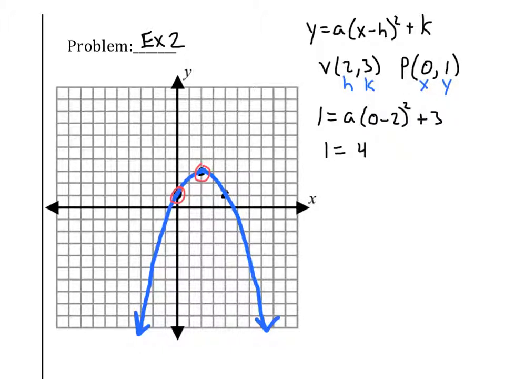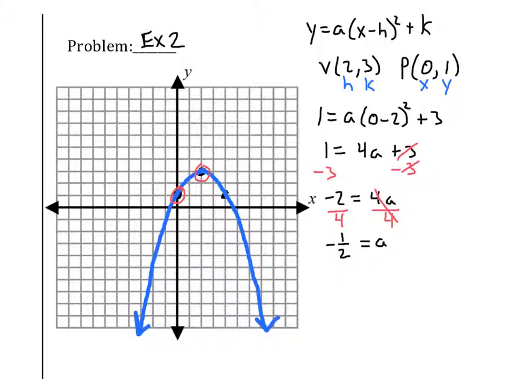So we have 4a plus 3. We need to solve for a. So it looks like I subtract 3 from both sides. Divide by 4. Negative 2/4 reduces down to what? Negative 1/2.